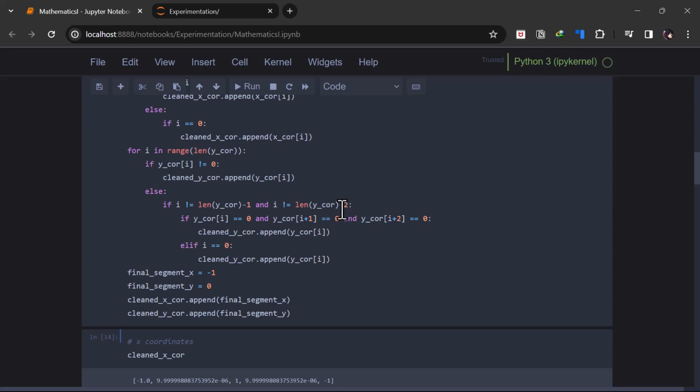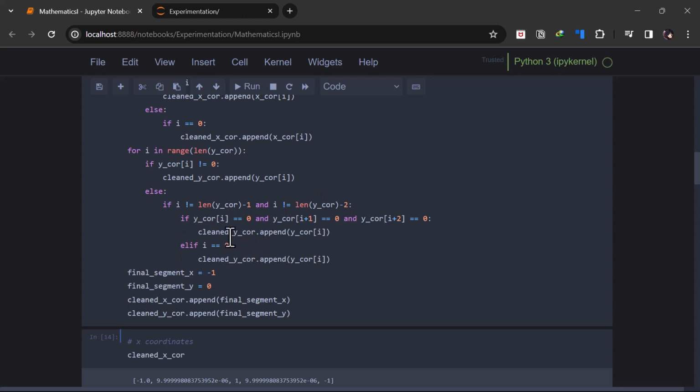If you have a list of 5 elements, the indices run from 0 to 4; 5 is the length, minus 1 is 4, the last index. So n minus 1 is your last index, and n minus 2 is your second last index. For these two indices, I am excluding the application of this condition.